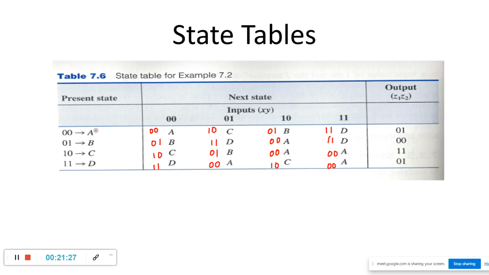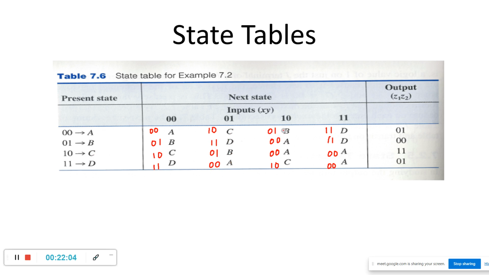The 0 0 state is relabeled as A, 0 1 as B, 1 0 as C, and 1 1 as D. So in the transition table it was 0 0, so it is A. Next, 1 0 is relabeled as C, so it is written C. 1 1 is relabeled as D, 0 1 is B, 0 0 is A.